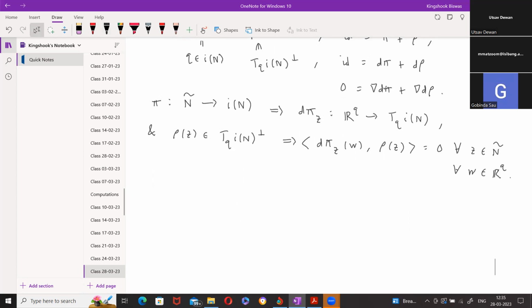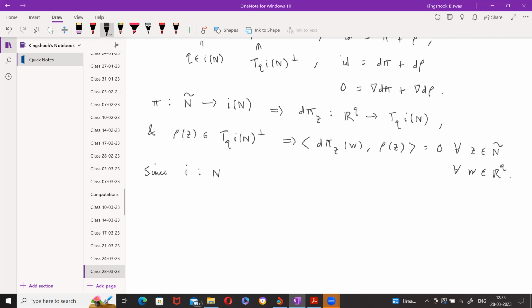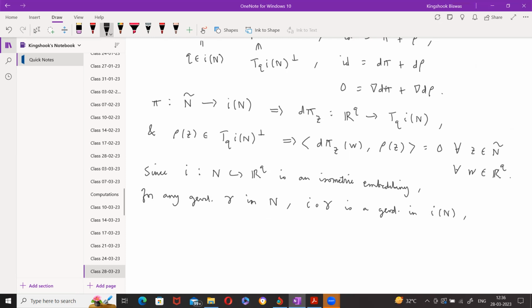So let's make some more observations. Since I from N into R^q is an isometric embedding, for any geodesic gamma in N, I of gamma is a geodesic in I(N), right?